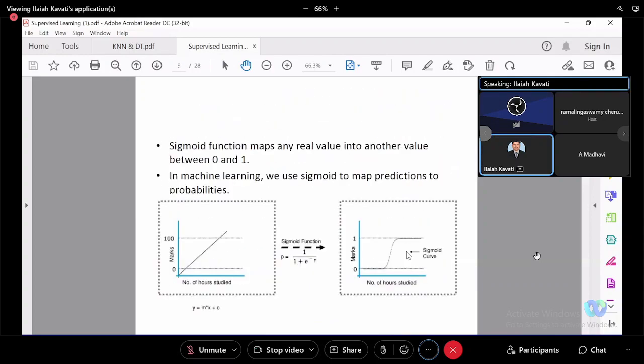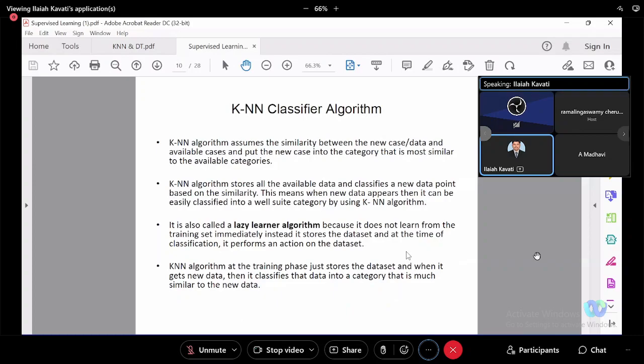Now coming to the KNN classifier. This KNN classifier is based on the nearest neighbor mechanism. So what is meant by a nearest neighbor? How can we say a particular object is very near to some object?